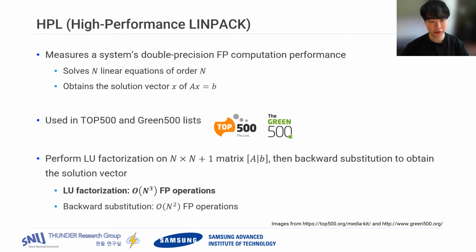To solve the linear equations, HPL first performs LU factorization on the coefficient matrix, then runs backward substitution to obtain the solution vector. Here, LU factorization takes an order of n cubed floating point operations, but backward substitution only requires an order of n squared floating point operations. Therefore, we usually focus on LU factorization when optimizing the HPL benchmark.